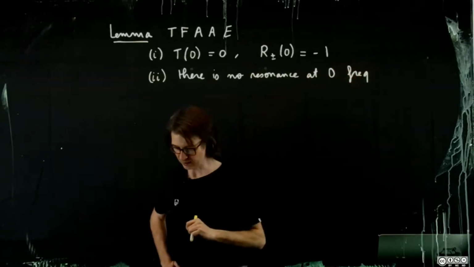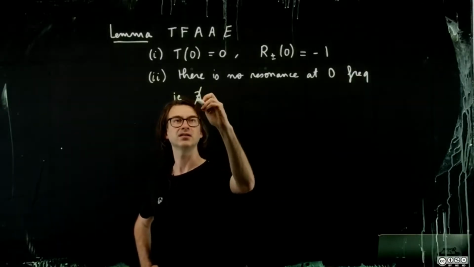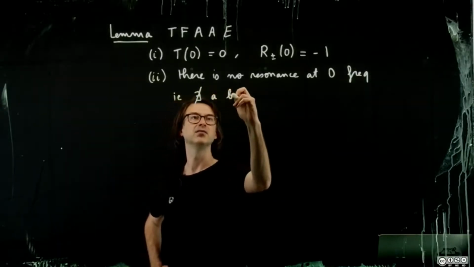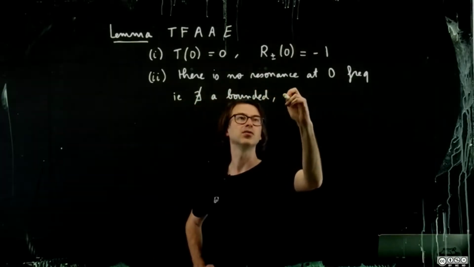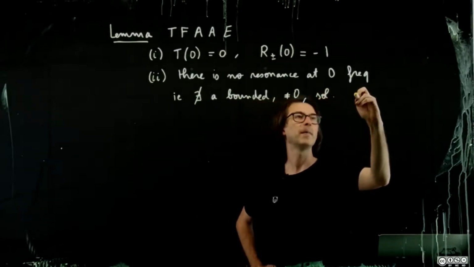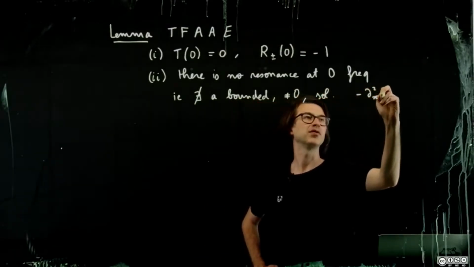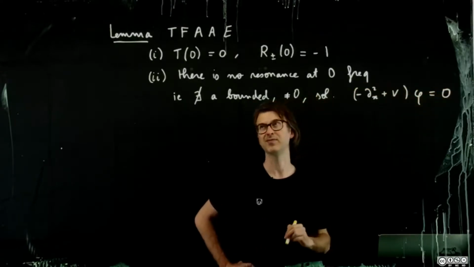What is a resonance? I.e., there doesn't exist a bounded non-zero solution of minus dx squared plus V applied to phi equals 0.